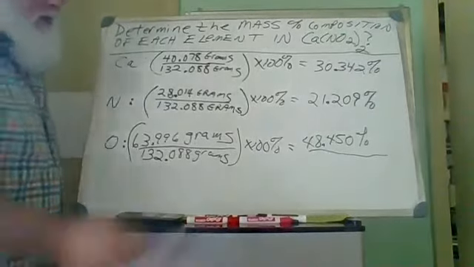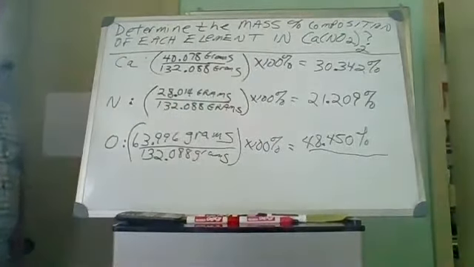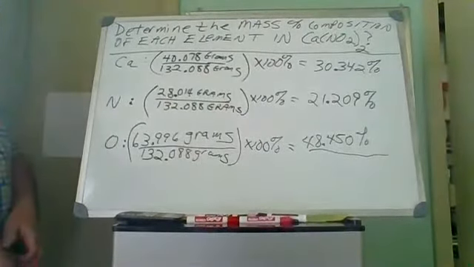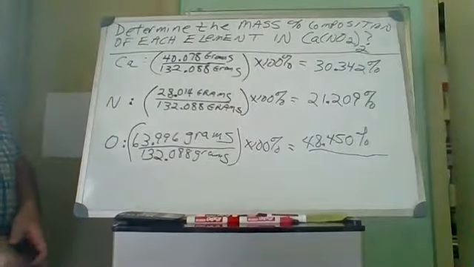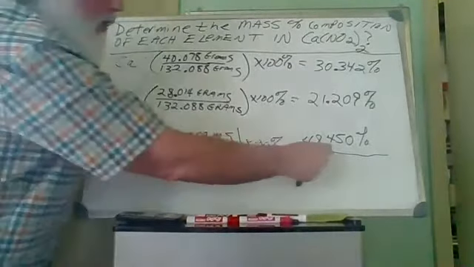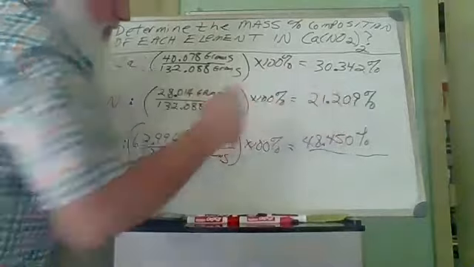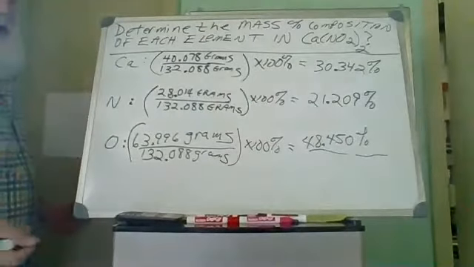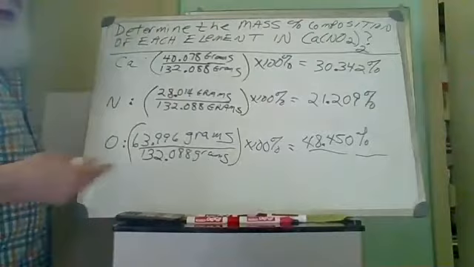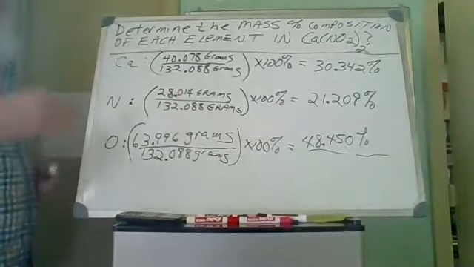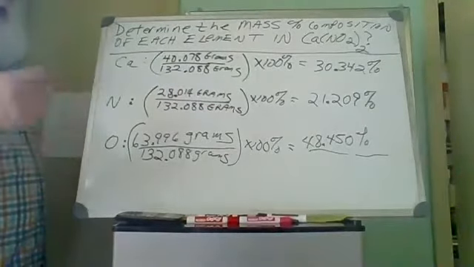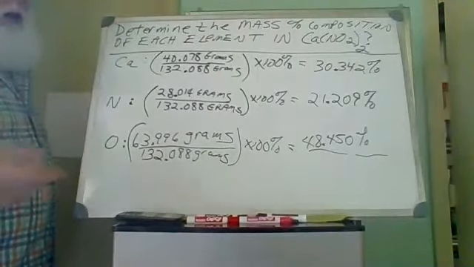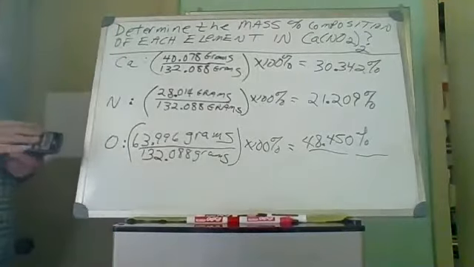Now, if I add all these percentages up here, this is another check, all right? I should get 100%. Now, we might be off by 0.001 in the last decimal place due to rounding. So if I add those all up, I might get like 99.999 or 100.001, okay? But that's okay. That's due to rounding.